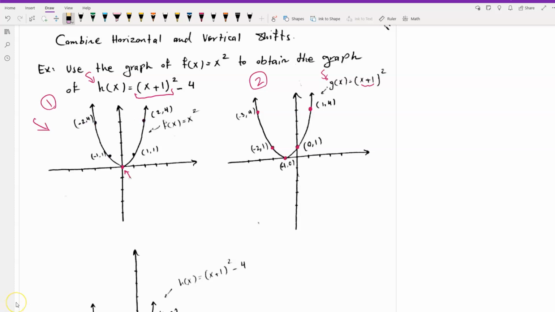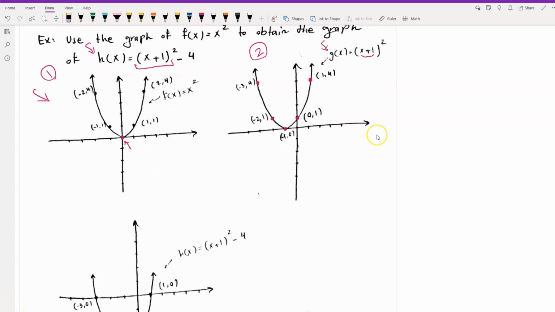And then next step, we're going to graph h(x) = (x + 1)² - 4. So what we have in step 2, use this graph. And because of having -4, that means we have to shift our graph 4 units downward. So we have (-1, 0).